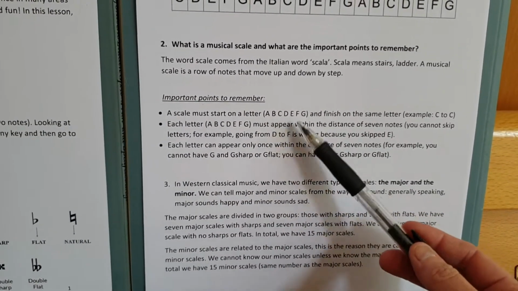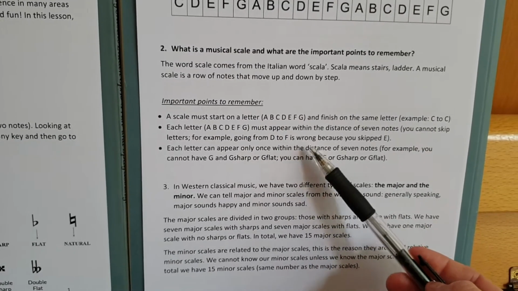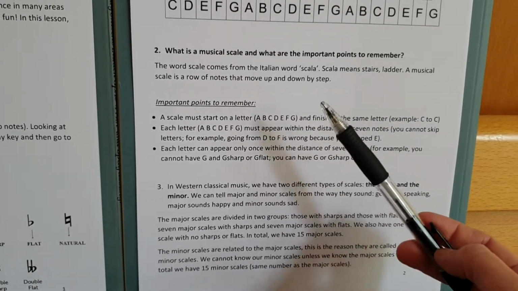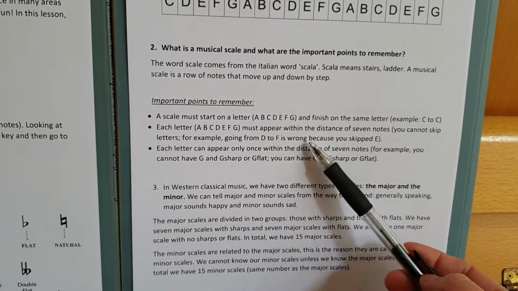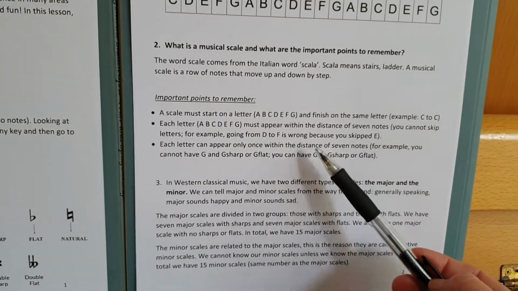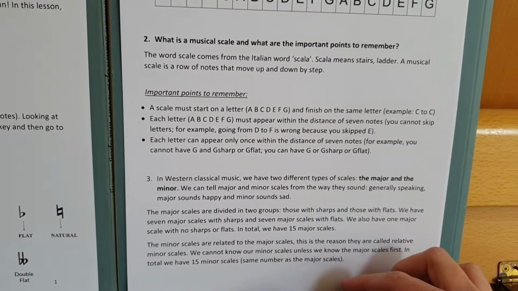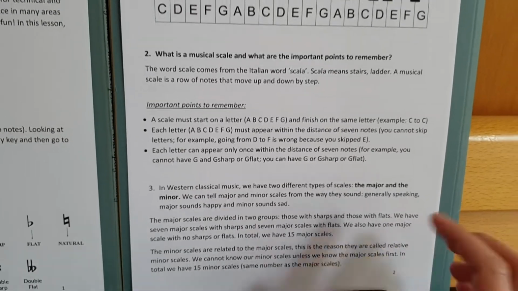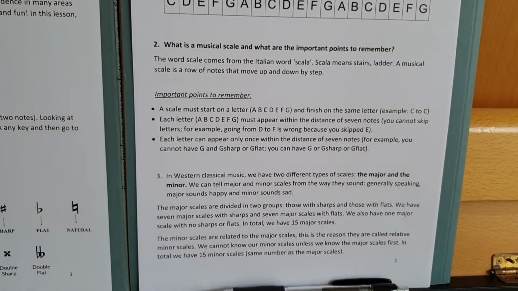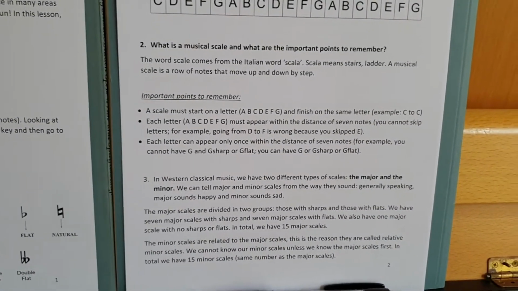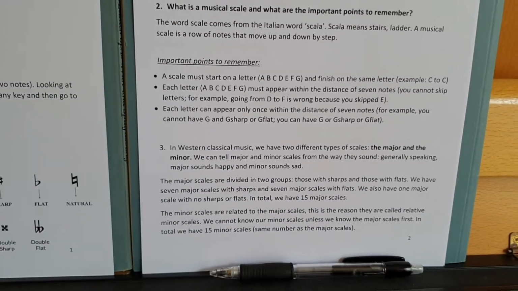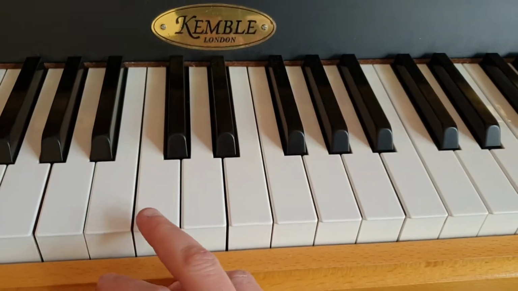I'd like you to read them very, very carefully about scales, and you really need to make sure you don't forget these 3 points. We must have every single letter in our scale. So our letters in music are A, B, C, D, E, F, G. We must have every single letter in our scale. Our scales are, I'll show you.